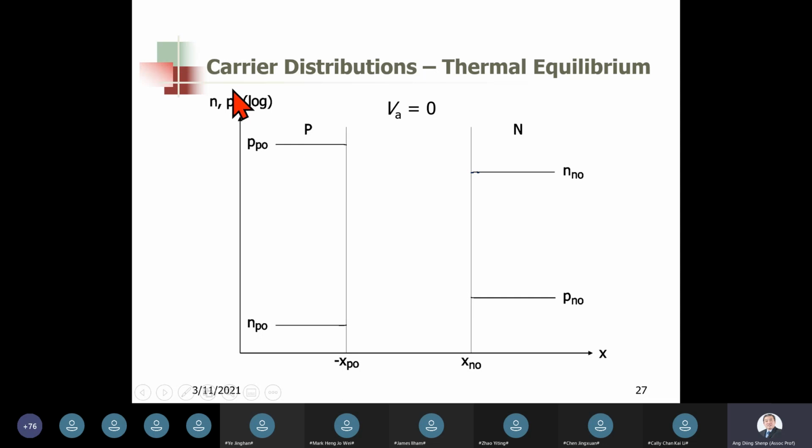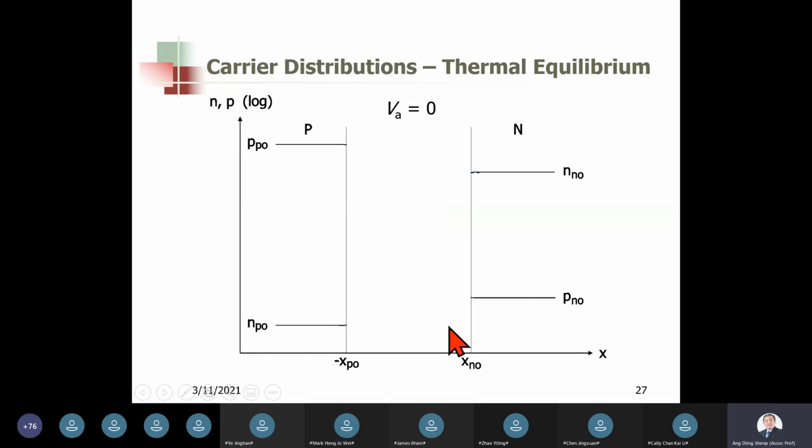Now, this is a very simple diagram that shows how the hole concentration and electron concentration vary across the PN junction. I have omitted the lines in the space charge region because strictly speaking, we do not know how the hole and electron concentrations vary across the space charge region.